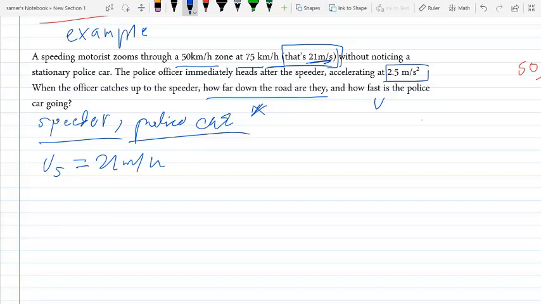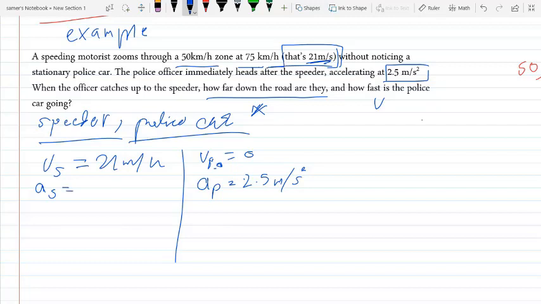And for the police car, the initial velocity V police 0 is 0, and the acceleration of the police car is 2.5 meters per square second, while the acceleration of the speeder is 0.